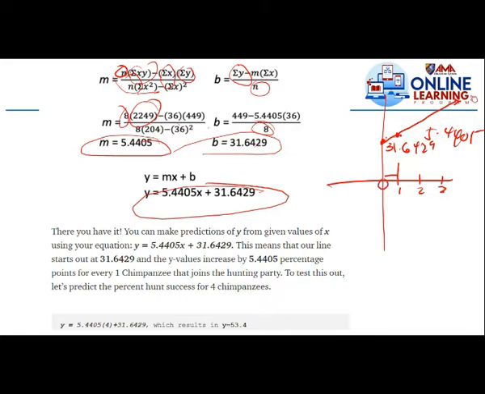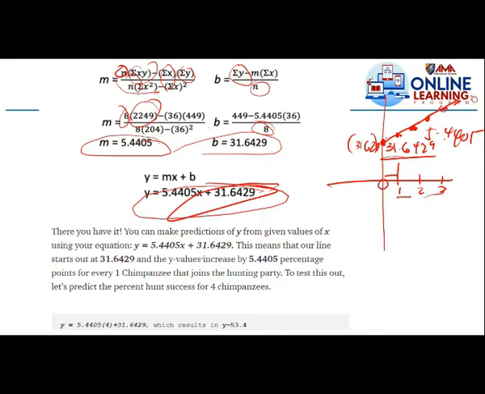Okay, so kung ano yung y dito, yung y coordinates dyan, okay, which is 31.6429. Okay, yan yung y coordinates ha. So mag-a-add ka lang ng 5.4405 each time para makuha mo yung y na mga values here. Or simply substitute yung x dito para makuha mo yung y.